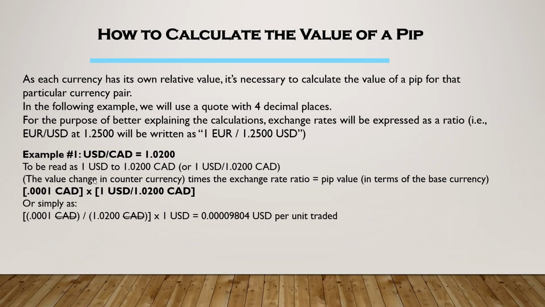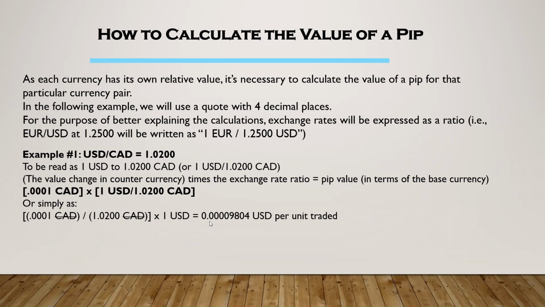Now this is what you do. The pip value: 0.0001 CAD times 1 USD divided by 1.0200 CAD.